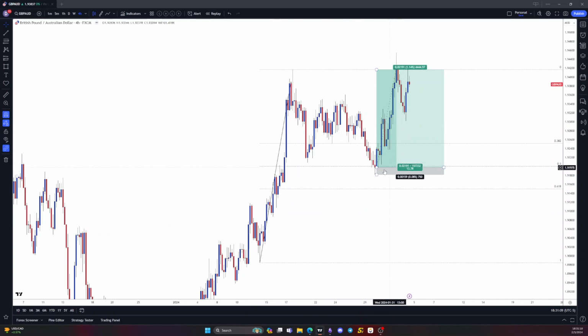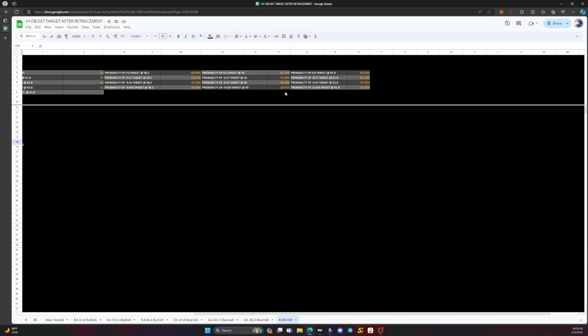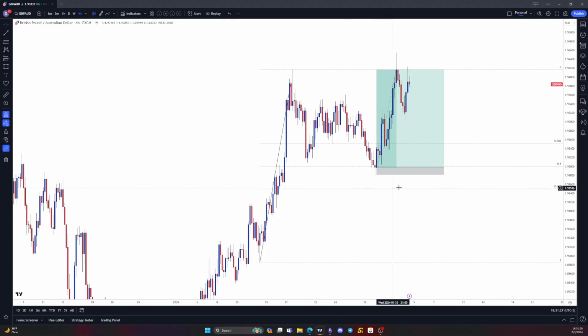It's on a Fibonacci level, a 50 Fibonacci level, and we can move our stop loss beneath the low of that doji candle, and our probability of the zero target being hit is 82%. So those are all really good high probability things telling us, hey, you can increase your risk on this trade. This is an A grade risk setup.